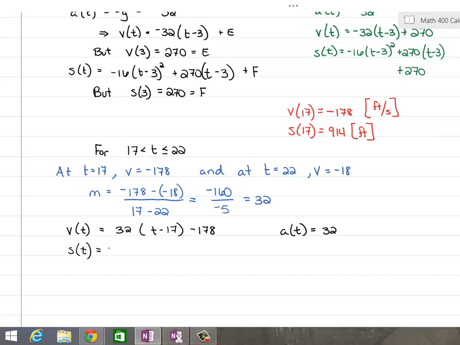Position will be the antiderivative of the velocity, so we'll have 32, but it will be divided by 2, so it'll be 16 (t minus 17) squared minus 178 (t minus 17). Shoot, I keep forgetting that.